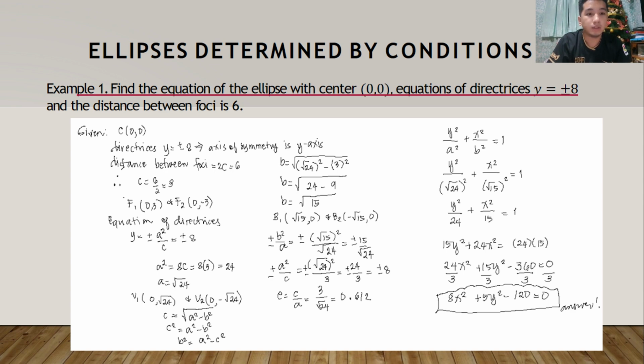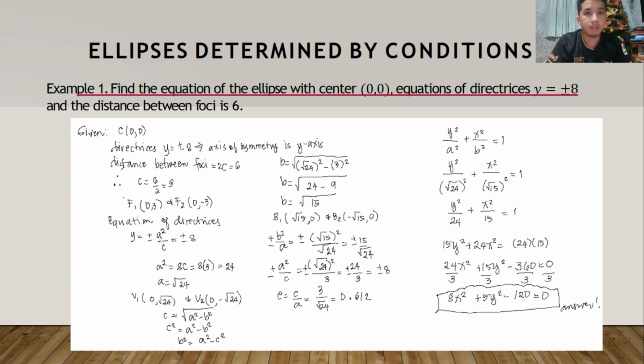A squared is equal to 8c, which equals 8 times 3 equals 24. And our a will be the square root of 24, which will be our V1 is (0, square root of 24), and our V2 is (0, negative square root of 24).